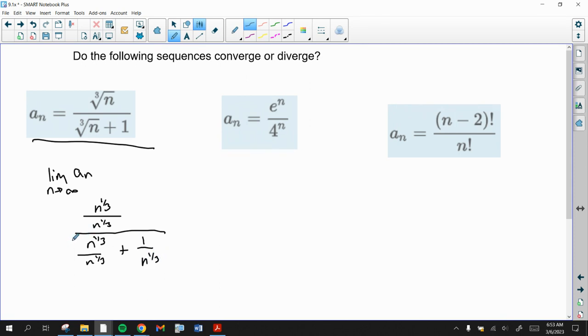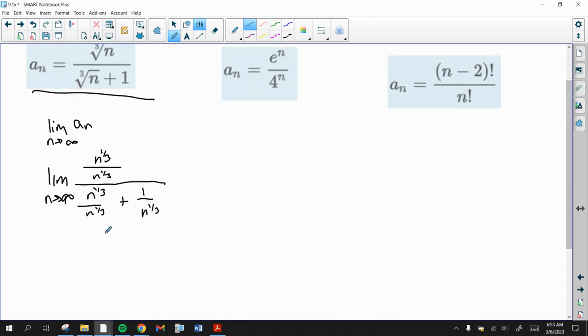I'm just dividing top and bottom by the same thing. And we'll have 1 over 1 plus 1 over n to the 1/3. So now when we take the limit as n goes to infinity, this is an easy one.